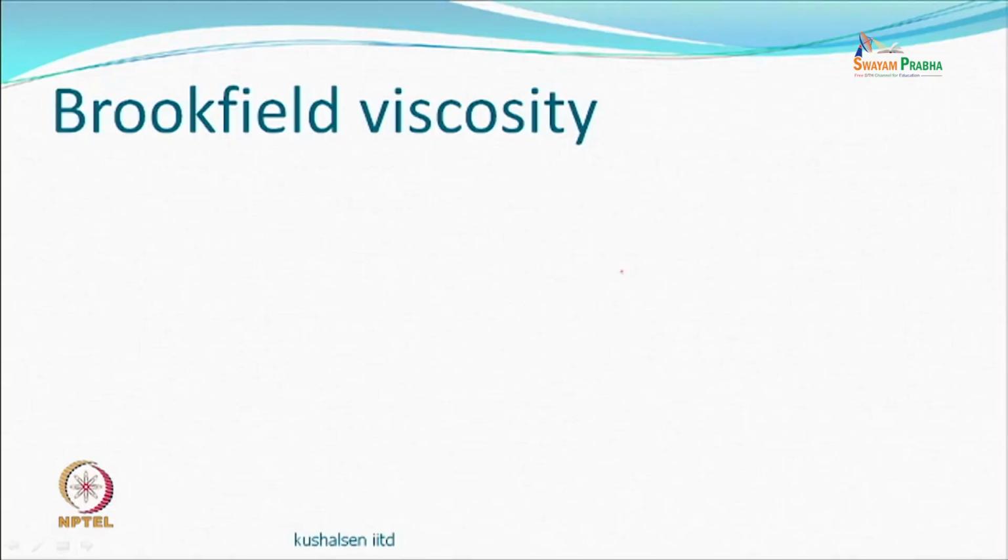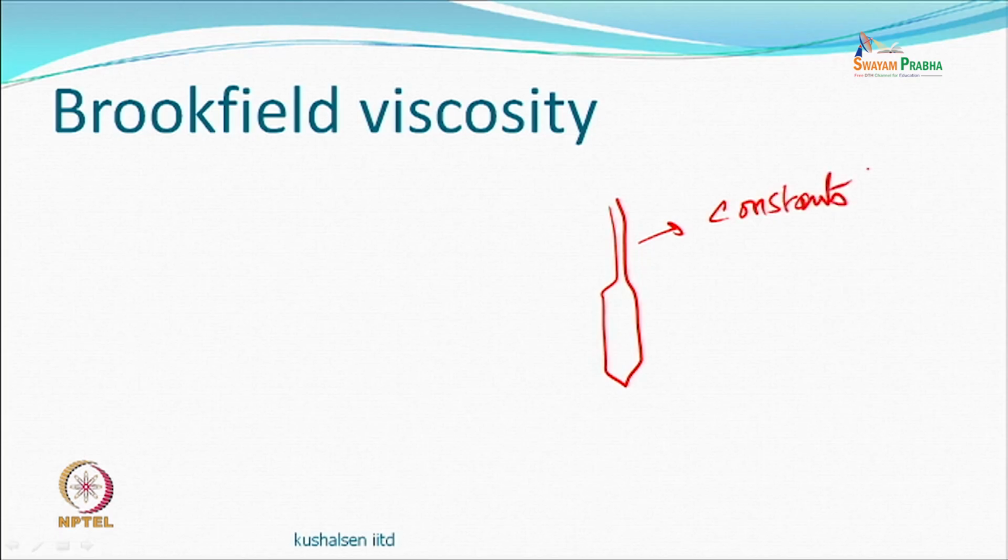So based on the range of viscosities, they may have different spindles which will have their own constants. And theoretically, here you can have a large vessel and you just dip or push this in and you can still measure.